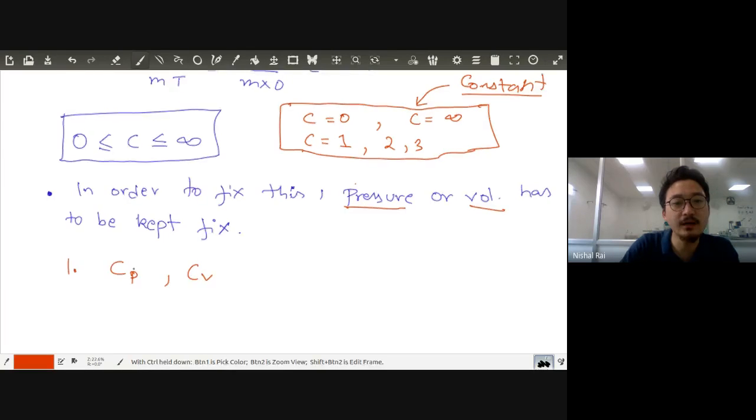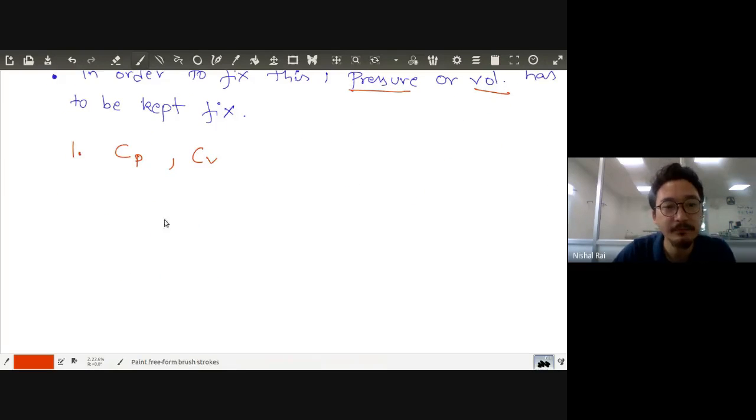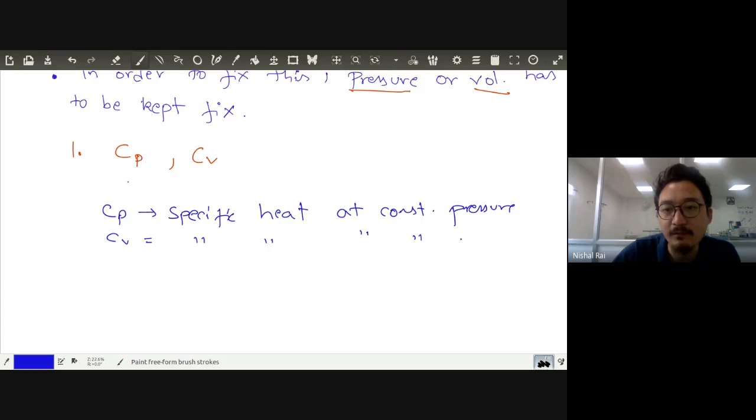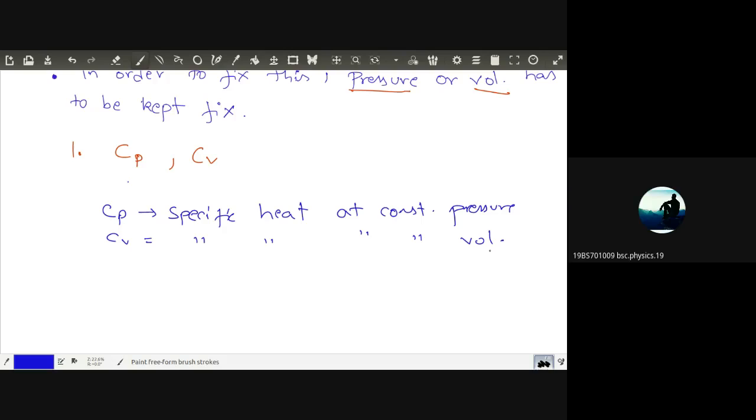CP is specific heat at constant pressure, and CV is specific heat at constant volume. Clear? Is it clear? Yes, sir.